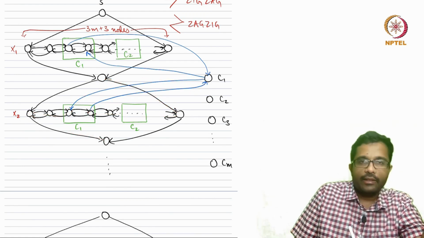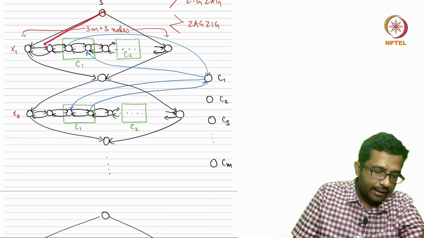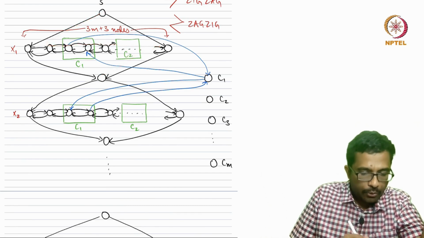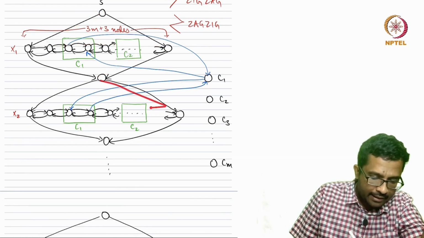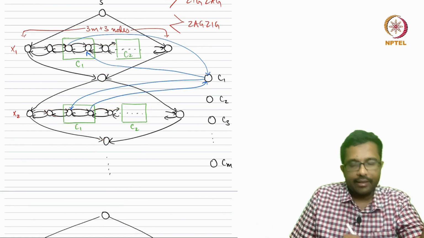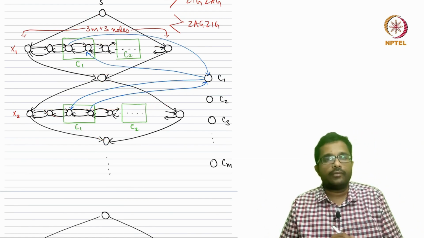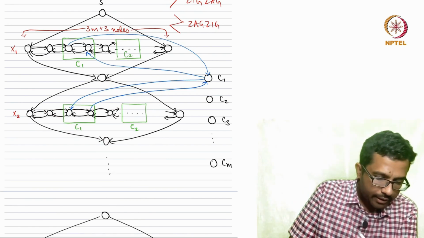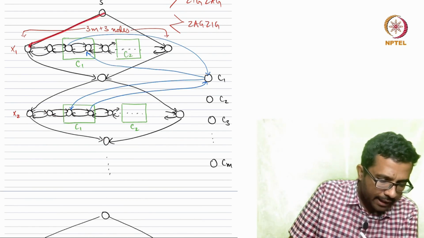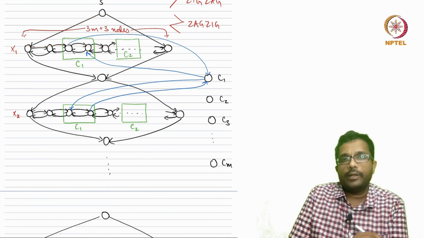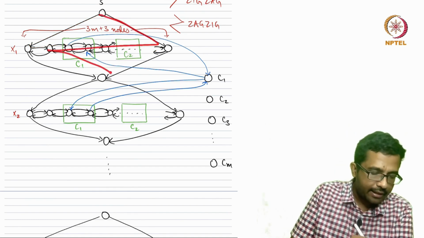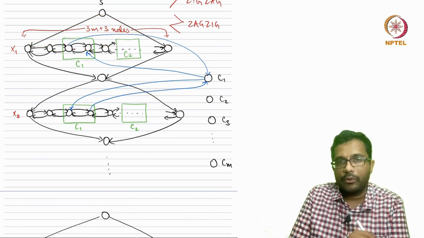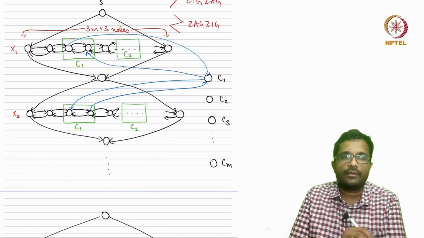So x1 can cover C1 if we are zigzagging in the diamond for x1. x2 can cover C1 if we are zagging in the diamond for x2. So again, I am going to say this. Zigzagging indicates that x1 is set to true, and zagging indicates that x1 complement is set to true, or in other words, x1 is set to false.